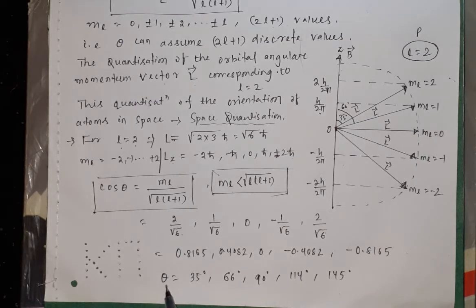The corresponding angles theta equal cos inverse of this value: theta equals 35 degrees for ml equals 2, theta equals 66 degrees for ml equals 1. Similarly, reversed, for 0, ml equals minus 1, ml equals minus 2. These are the various values of theta.